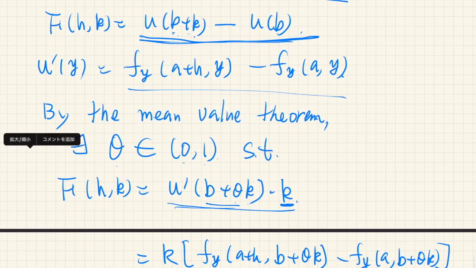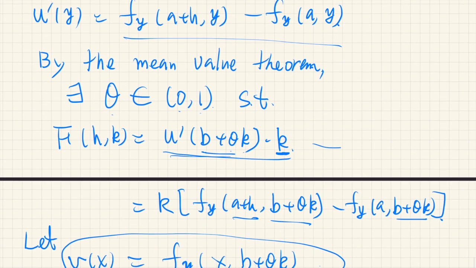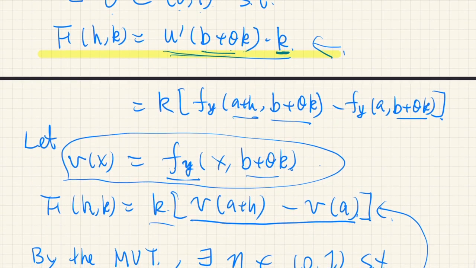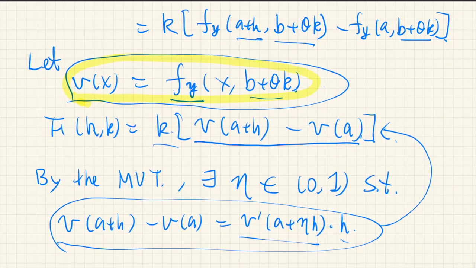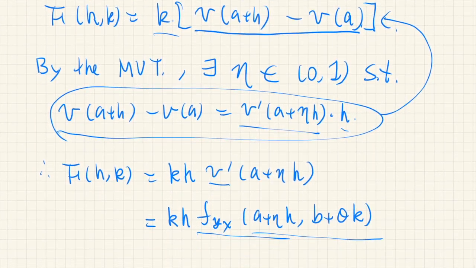Then by using the mean value theorem, we derived this one, and then we defined another function of x, and again using the mean value theorem, we arrived at this expression. So f of hk is given in terms of the second derivative, fyx.